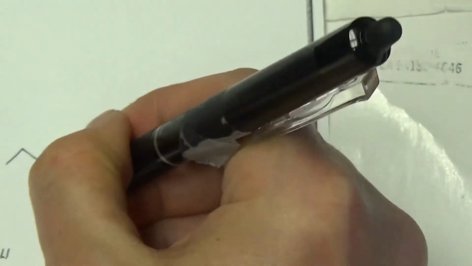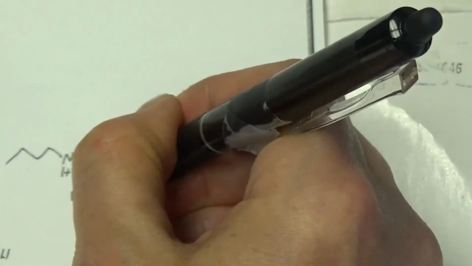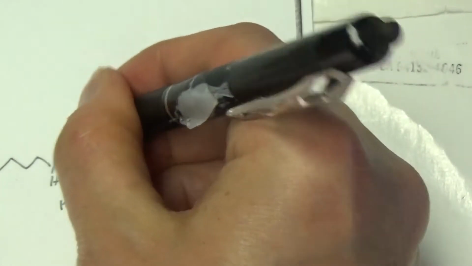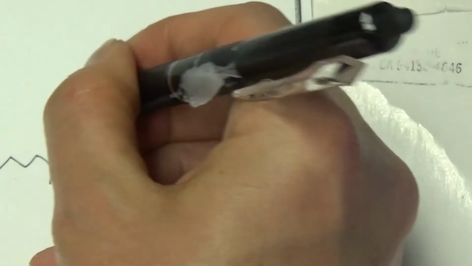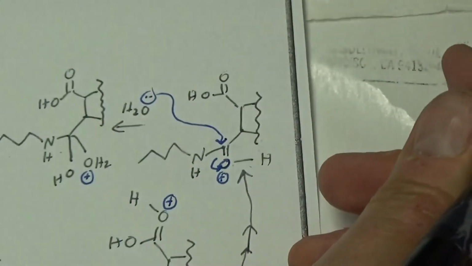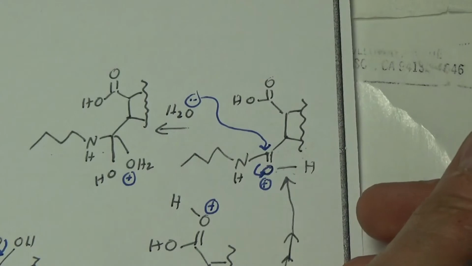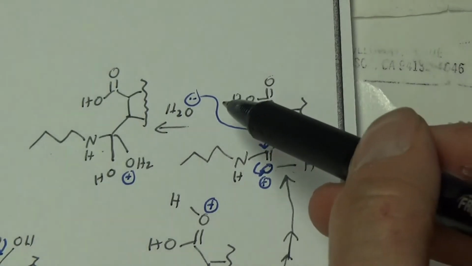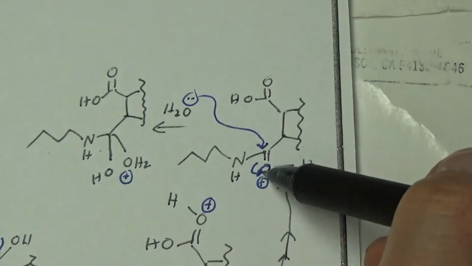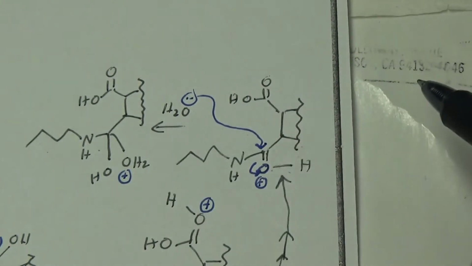Got an OH, OH2 with a plus charge. Got the benzene. Got a carboxylic acid. Alright, that makes sense. So water attached. Now we still have that OH. We also have a water, and I just drew it down underneath there.